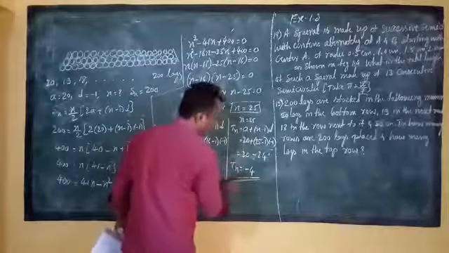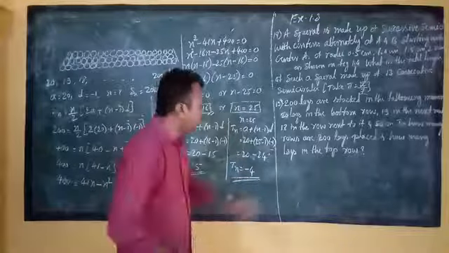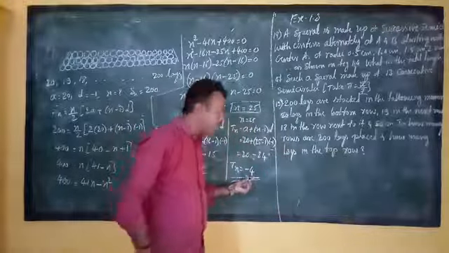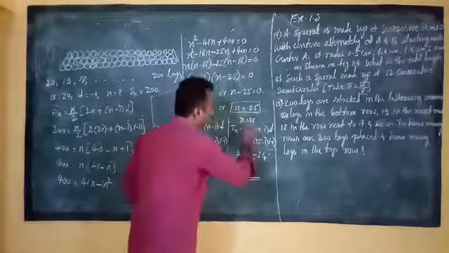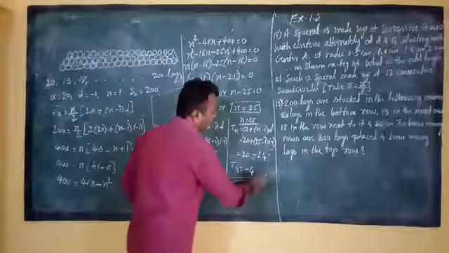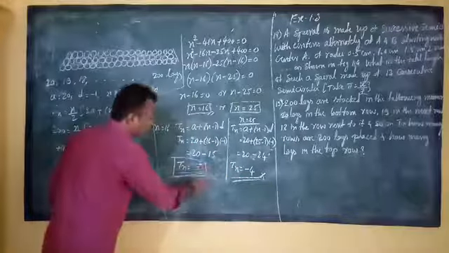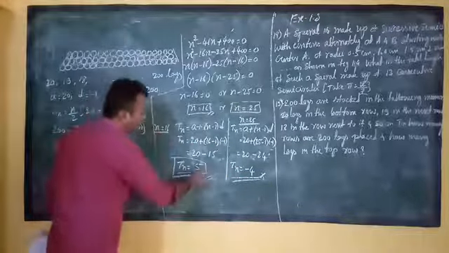A negative term you cannot consider. Can we call the number of logs in the top row minus 4? No, it is wrong. Therefore n is not equal to 25. So n is equal to 16 and Tn is equal to 5.